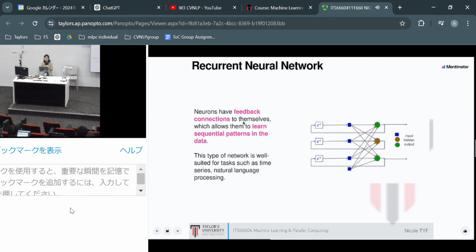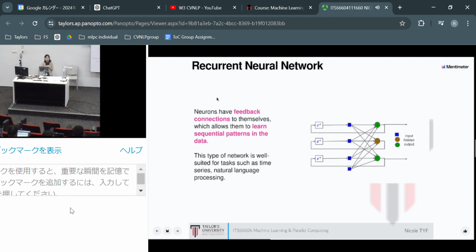And for those who are interested in venturing into forecasting, the recurrent neural network is also very relevant, as it is able to capture what happens historically before arriving at a particular row of data. So this is recurrent neural network.